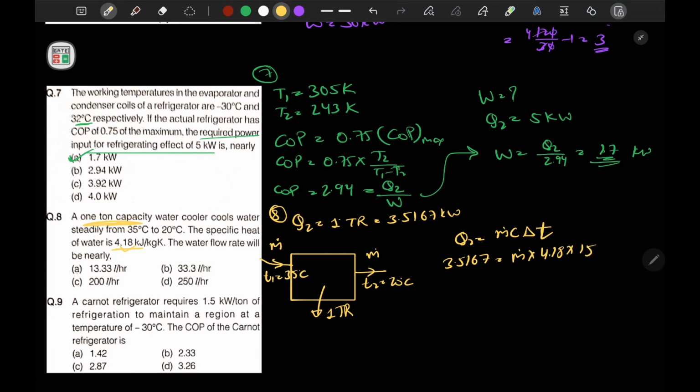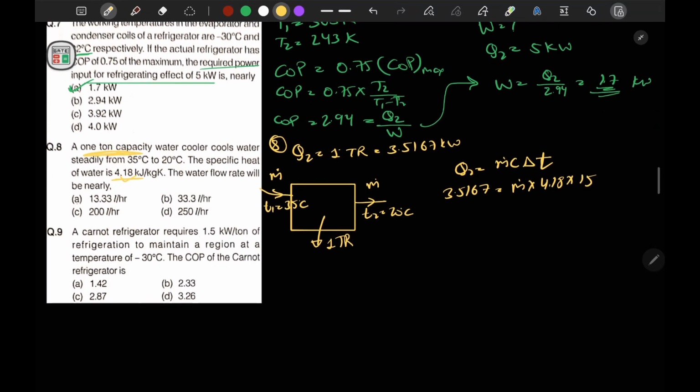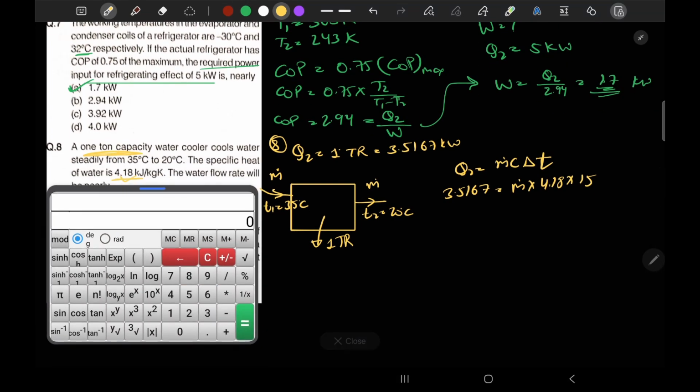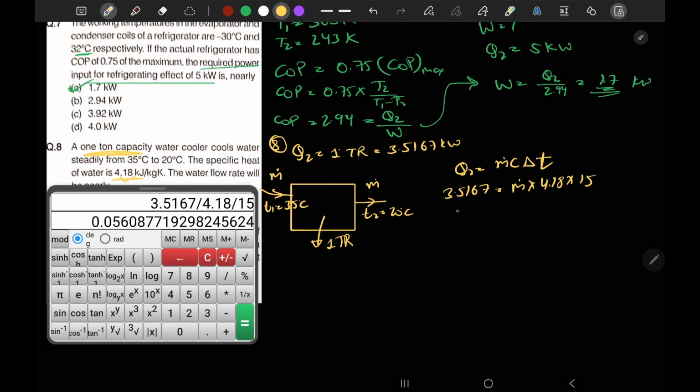So we can calculate m dot as 3.5167 divided by 4.18 divided by 15. So we get the value of m dot equal to 0.056 kg per second.